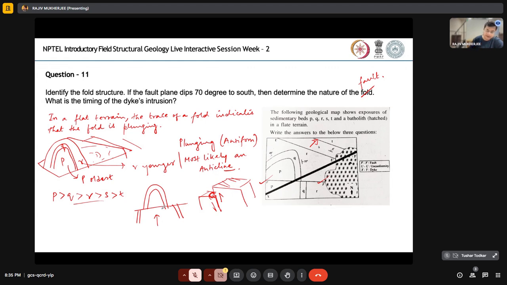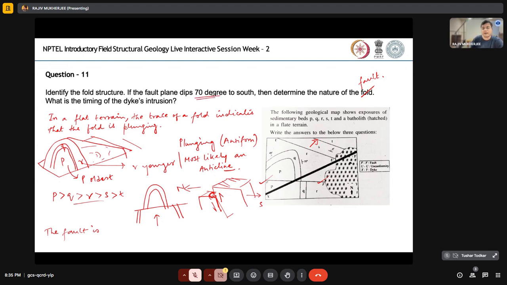So there is a discontinuity, and since it is dipping south, if this is north and this is south, the fault is dipping towards the south, and we can comment that the fault is a southerly dipping thrust fault or reverse fault. It is definitely a reverse fault because the angle is 70 degrees.